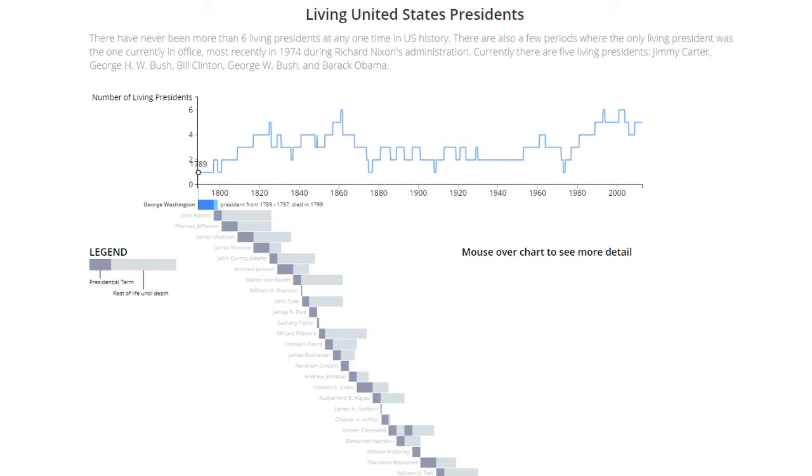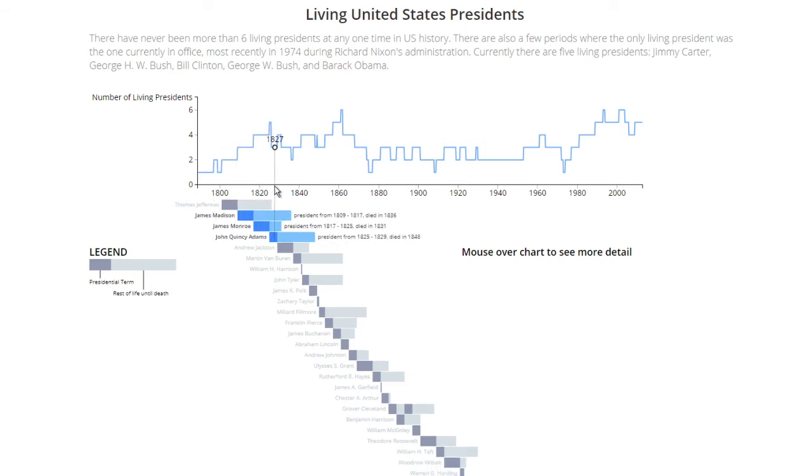So here's the application of living United States presidents, and it starts from the onset of the presidency as an office in 1789. Here we see George Washington was alive and then stayed living a little bit beyond his presidency in 1800 or so, 1799. Then we see Adams, Jefferson, Madison, and so on.